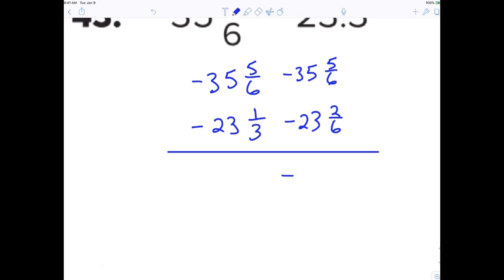Negative 58 and 7/6. Okay? And now reverse, that becomes what? Negative 59 and 1/6.